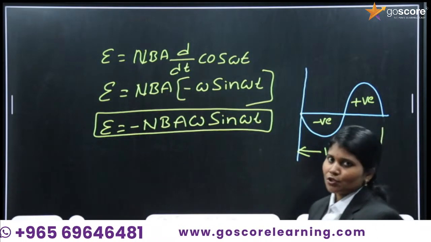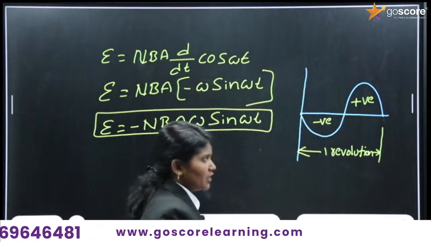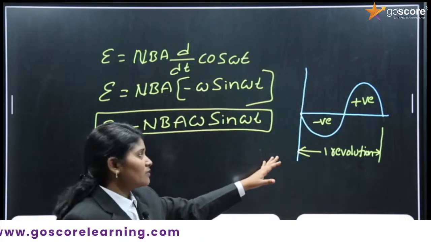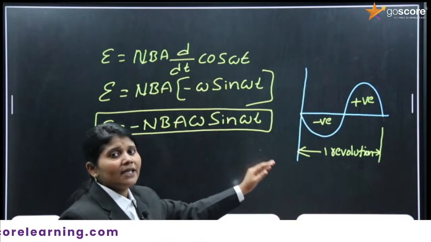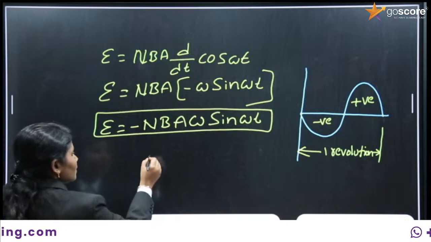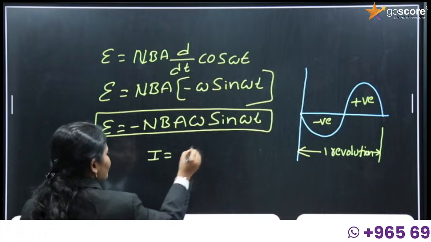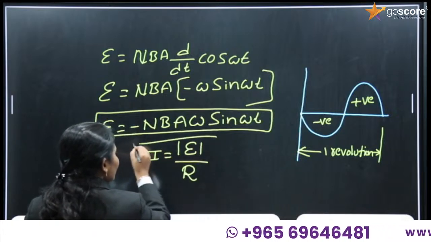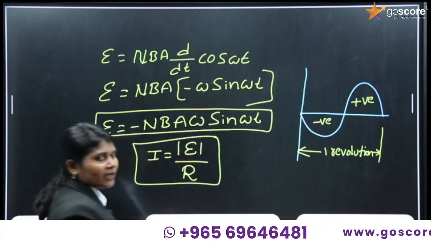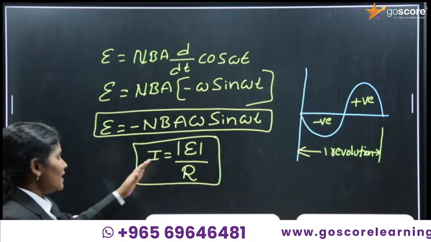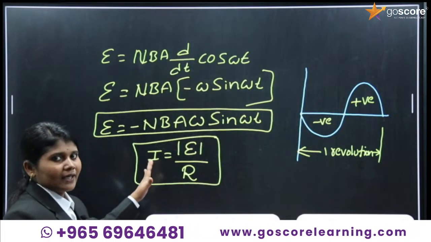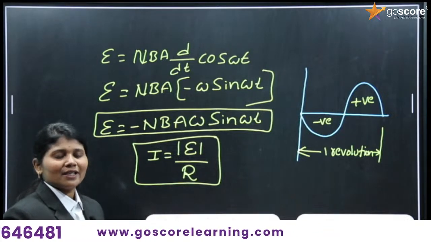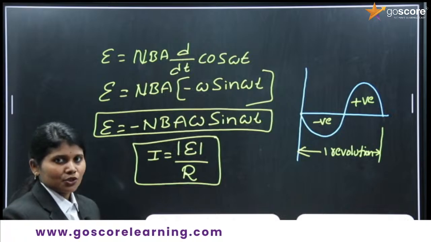This is what we call alternating current. We know that I is equal to E by R. Here R is the resistance, E is the EMF, I is the current. This is the alternating current. So in one revolution we are getting two values, negative and positive.